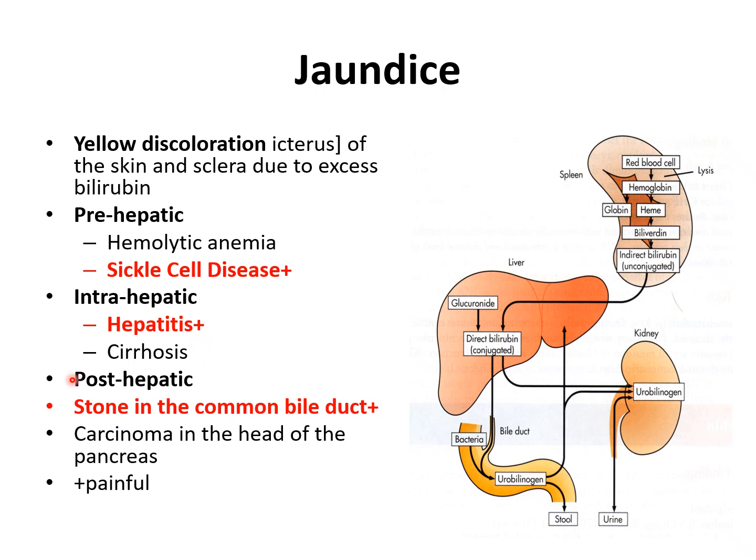And posthepatic jaundice, 2 causes: stone in the common bile duct, blocking the flow of direct conjugated bilirubin from the liver going into the bowel, is going to be painful.